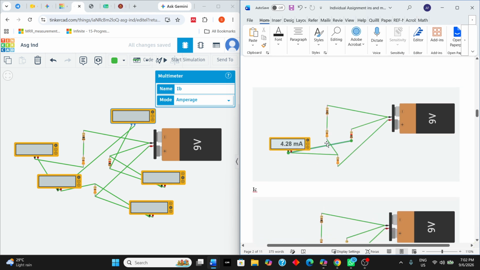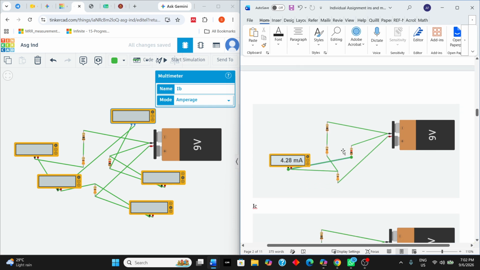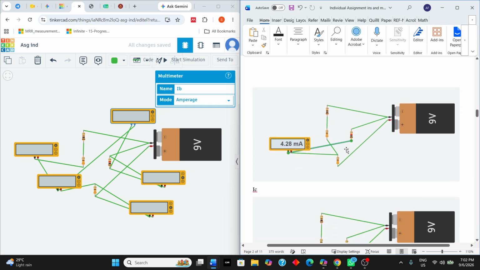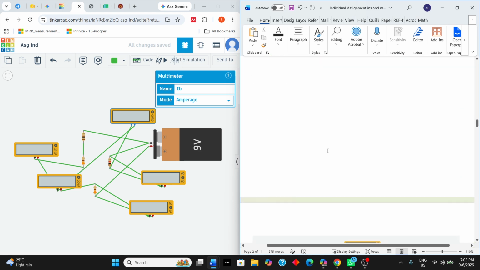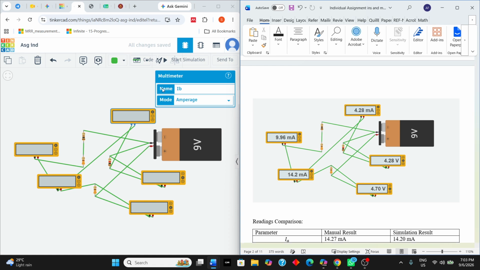The same can be said for our IB current, which we measure from the tail of the 330 ohm resistor to the head of the 1 kilo ohm resistor. For IC, finally, we measure from the tail of the 330 ohm resistor to the head of the 330 ohm resistor, the opposite side. So let me show the simulation here.